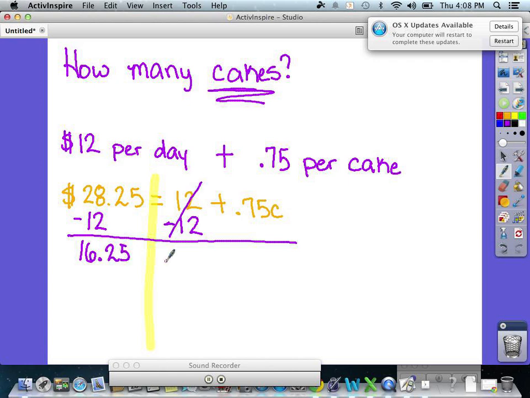And we only have 75 cents times C on this side. Now to get that variable by itself, we're going to have to divide by 75 cents. This will cancel out. We only have the variable c left on that side.